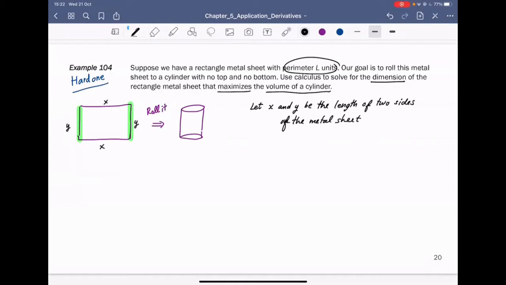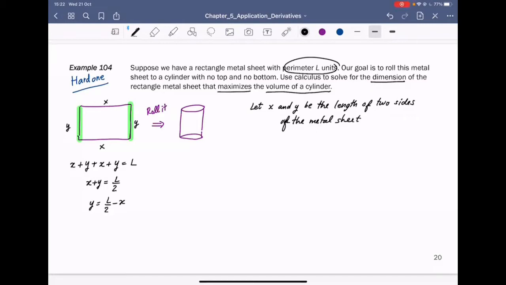What is given is that the perimeter is L units. So that means X plus Y plus X plus Y equals L, right? Because it is given that the perimeter is L units. In other words, X plus Y equals L over 2. In other words, Y equals L over 2 minus X.